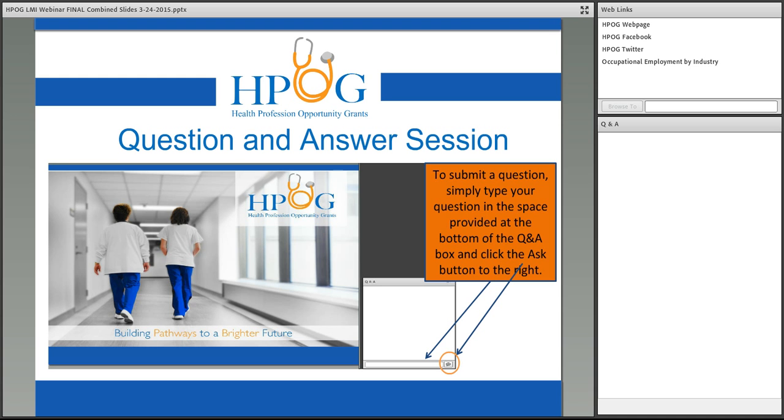This is Stan, and I just want to add, particularly for organizations where resources may be limited, one of the things they'll want to consider is partnering with another organization that does have those resources.